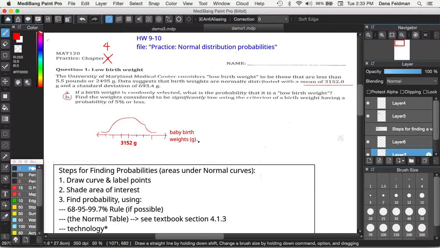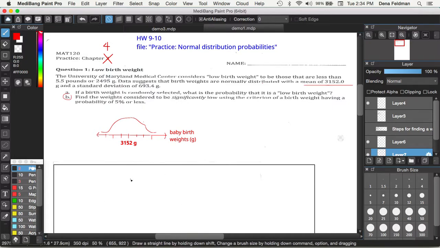All right, so here we're looking at question 1b, and again, it's a different type of question, not about finding a probability based on a given baby weight. Hopefully this will be clear as we read the question. So I'm going to read the question, and I'm underlining, highlighting details. The University of Maryland Medical Center considers low birth weights to be those that are less than 5.5 pounds.